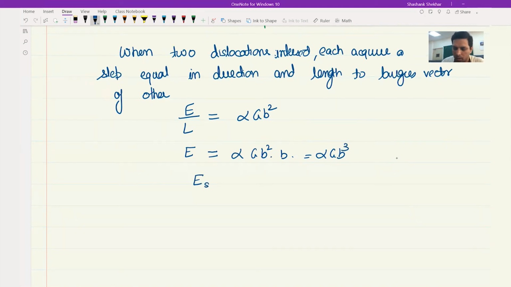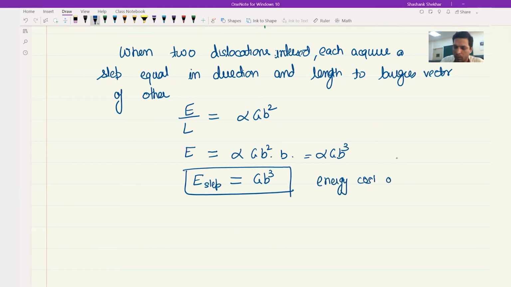So energy of step is equal to GB cubed. So this is the energy cost of adding a step. Whenever there is dislocation intersection, this much additional energy needs to be provided, which means next time you will have to apply higher stress for dislocations to move.